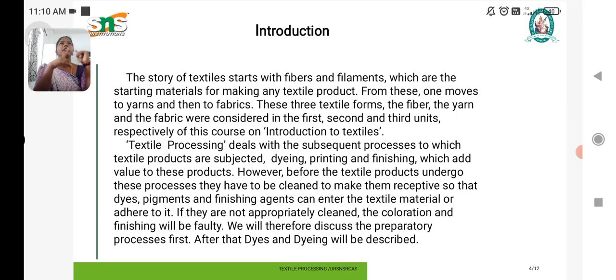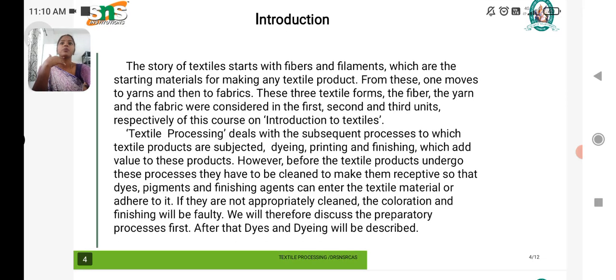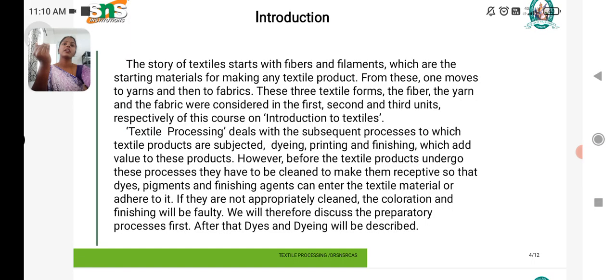If they are not appropriately cleaned, the colorations and finishing will be faulty. We will therefore discuss the preparatory processes first. After that, dyes and dyeing will be described.